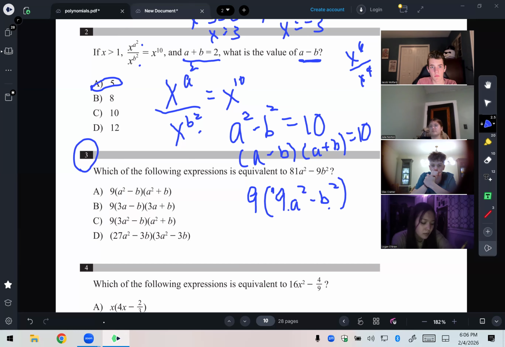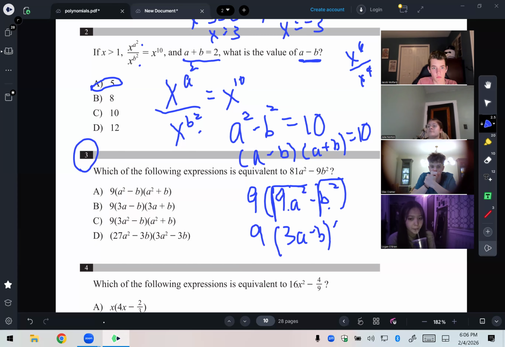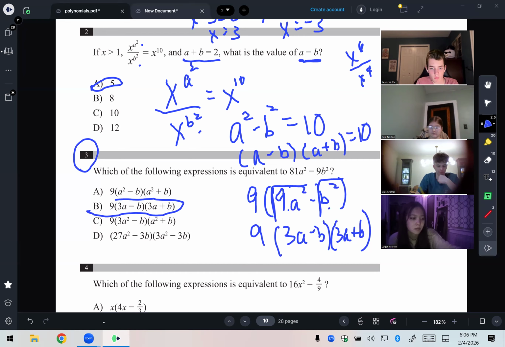So we're going to take the square root of this term and the square root of this term. So that'll be 9 times 3a minus b, 3a plus b. And that's going to give us answer choice B. Thank you, College Board, for 10 points.